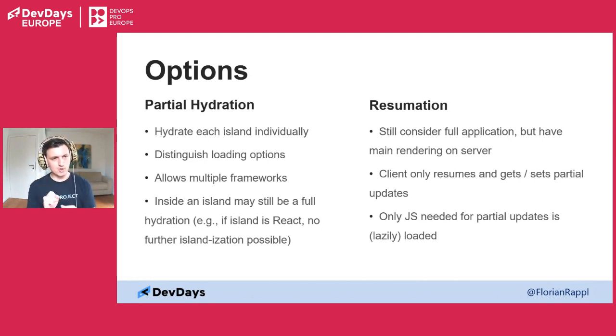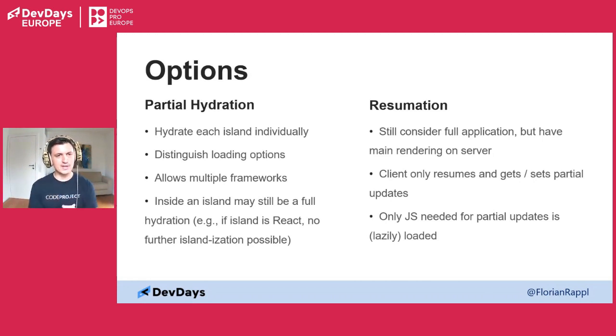You want to hydrate some components at their time. And this is what is referred to as partial hydration. And it works, I mean, even with a framework like React you can make it work, but you need to put in some effort. And there are some edge cases: what about shared things? What about context and so on?